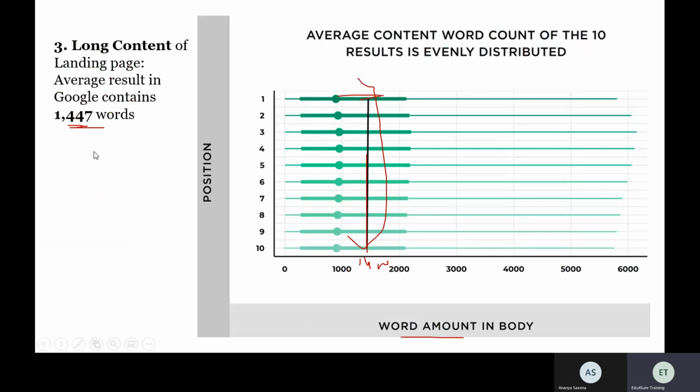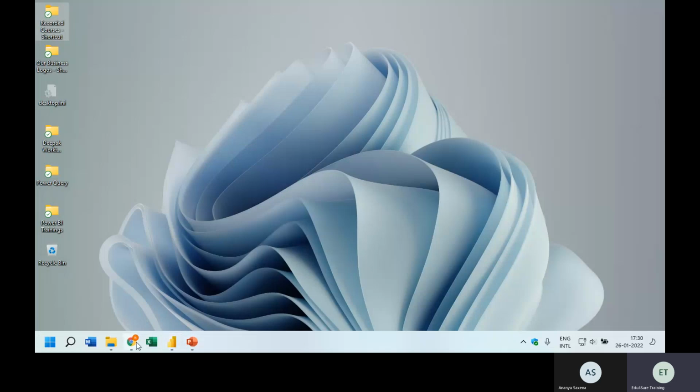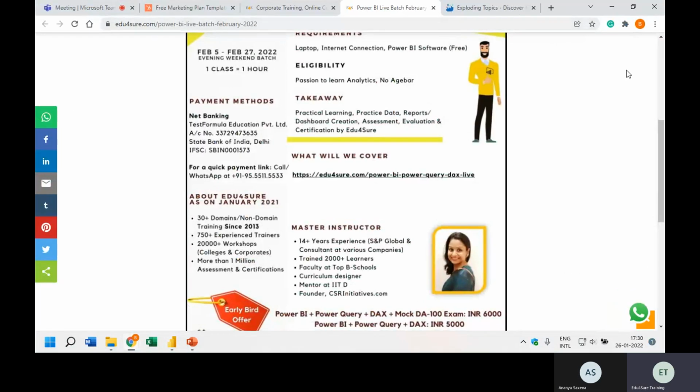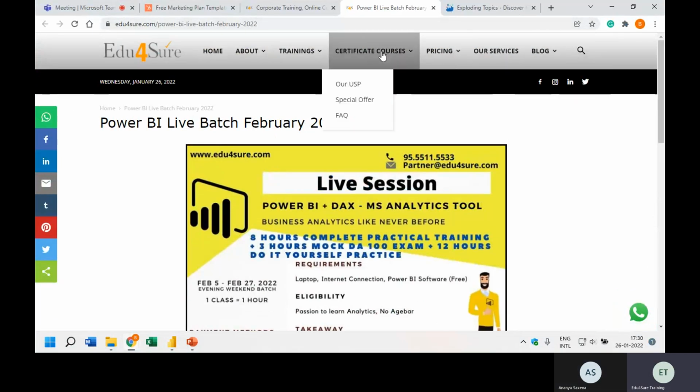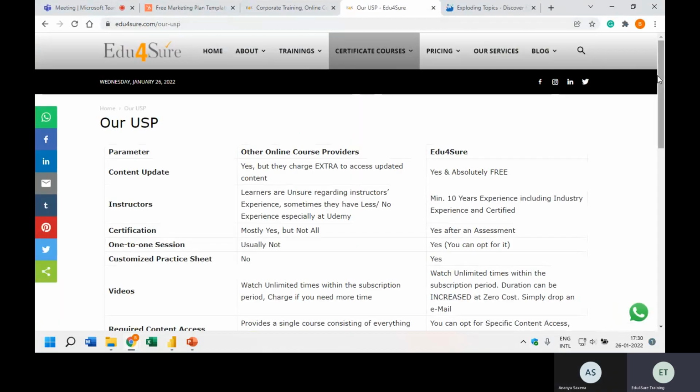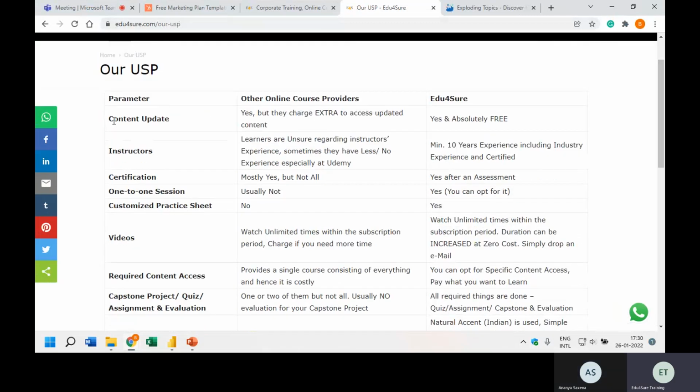For example, I show you another page of ours, which can be good to understand. Let us say our USP. Here we have written in detail what our USP is. For example, content we update, instructors' experience, certificate, one-to-one session.